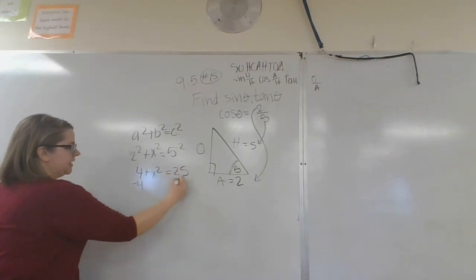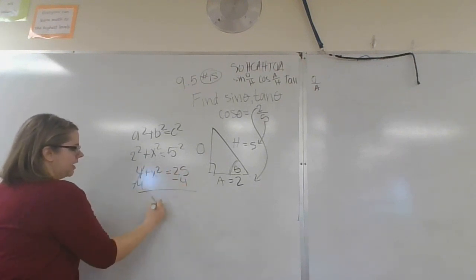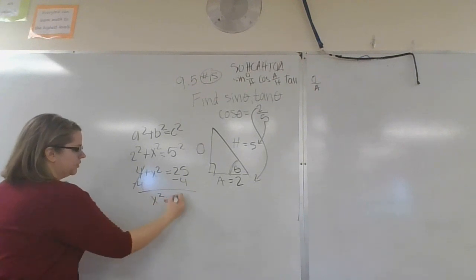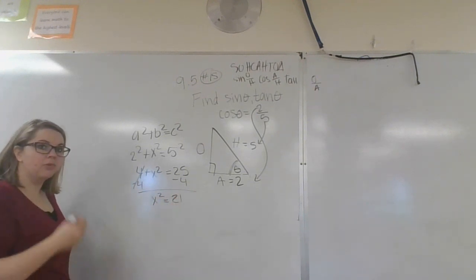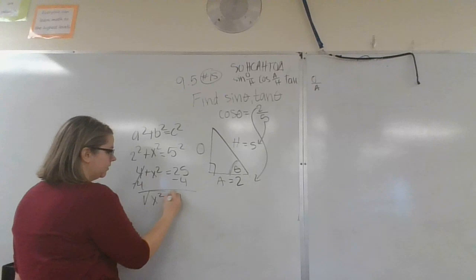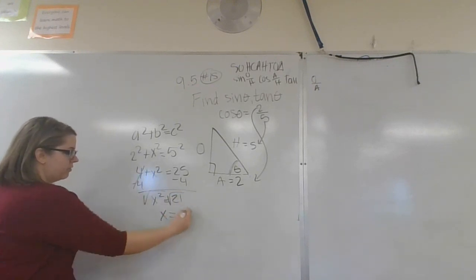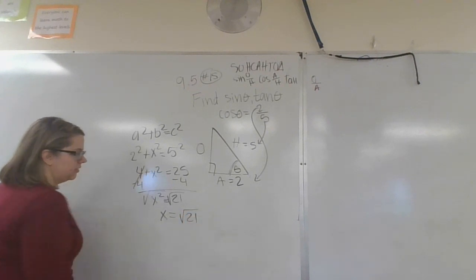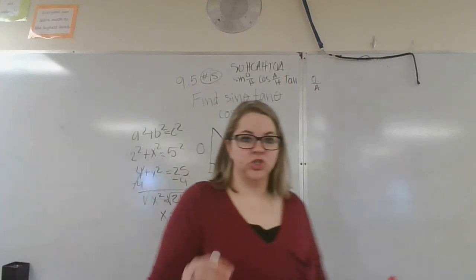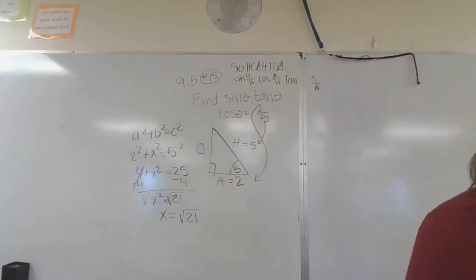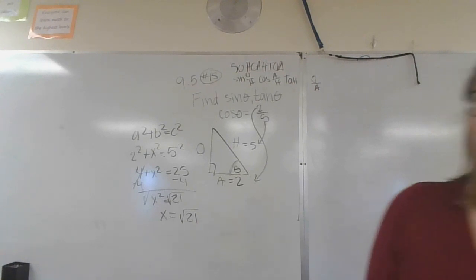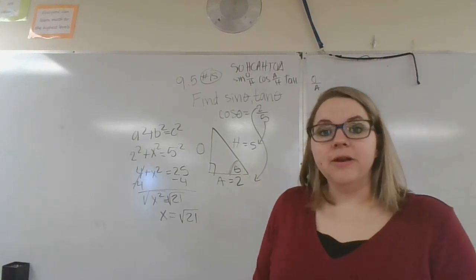Minus 4 from each side, x squared equals 21. Now I'm going to take the square root to get rid of my squared. So x equals the square root of 21, which doesn't simplify anymore. Let me just make sure. Yep. Okay.